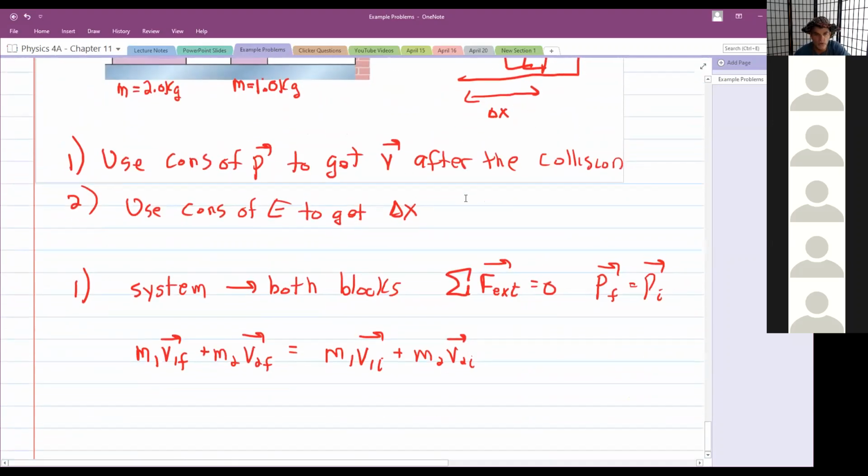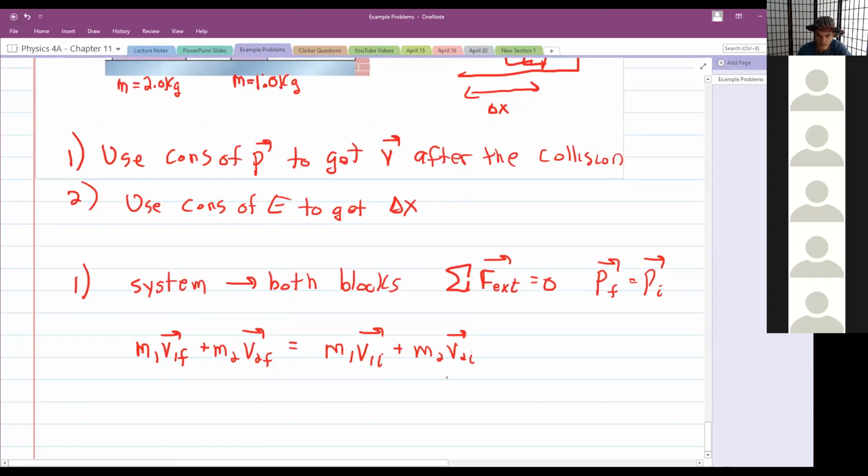Block 2 was initially at rest, so v2 initial is 0. And anytime I have a perfectly inelastic collision, which is where they stick together after the collision, they're now moving as one. They have the exact same velocity. So I'm just going to write this as m1 plus m2 times v final. And that equals m1 times v1 initial.